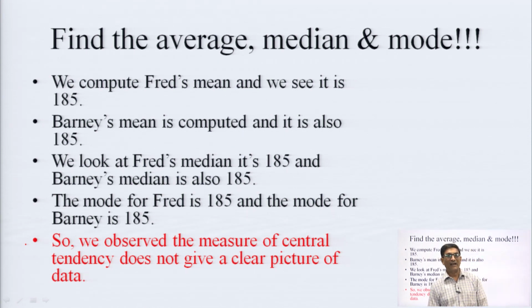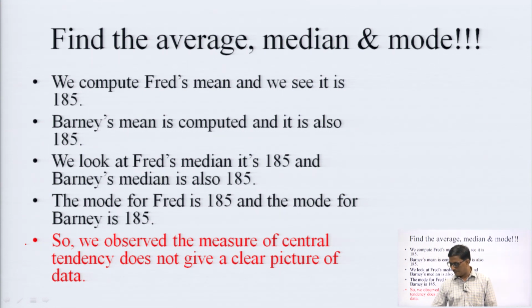The mode for Fred is 185 and the mode for Barney is 185. So, you see both companies have the same mean, median and mode. According to the mean, median and mode, both companies manufacture the same number of tablets, or you can say their production is the same, but it is not right.